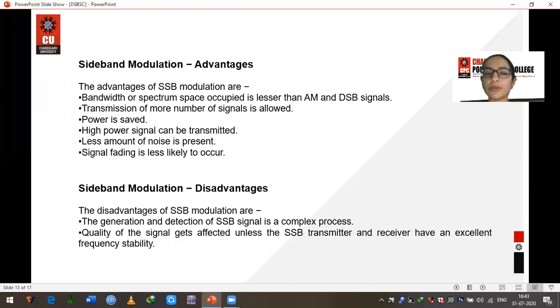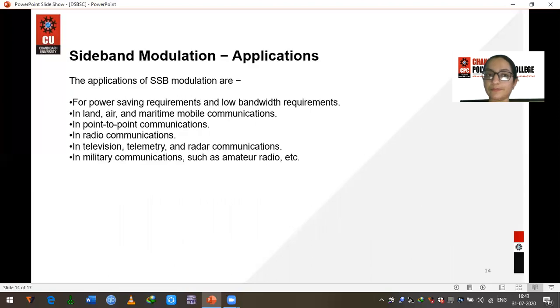Disadvantages: we have only one or two disadvantages. Generation and detection of the SSB signal is a complex process, and the quality of the signal gets affected unless the SSB transmitter and receiver have excellent frequency stability.